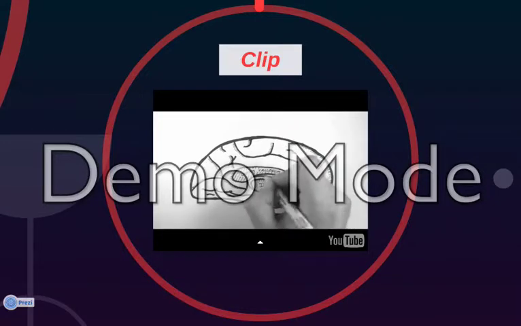Now above the third ventricle is the fornix, which is a smaller white matter tract. And then between that and the corpus callosum is the septum pellucidum, and that lies between the two lateral ventricles.